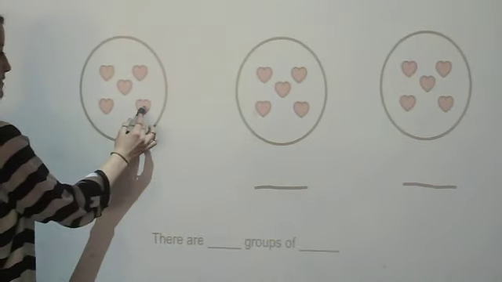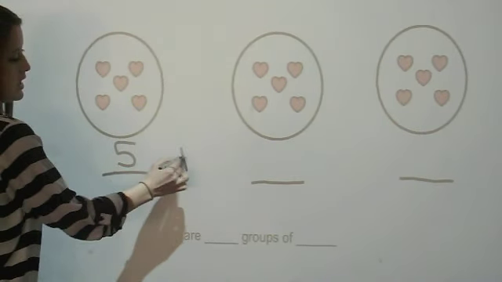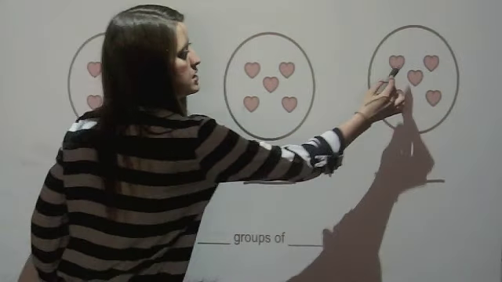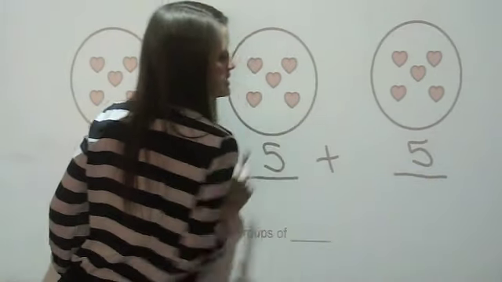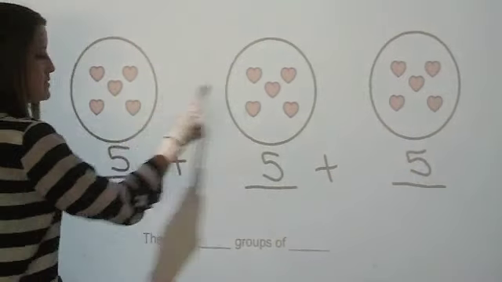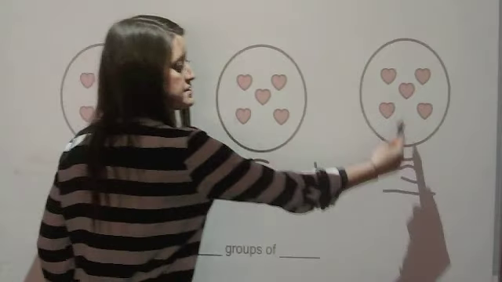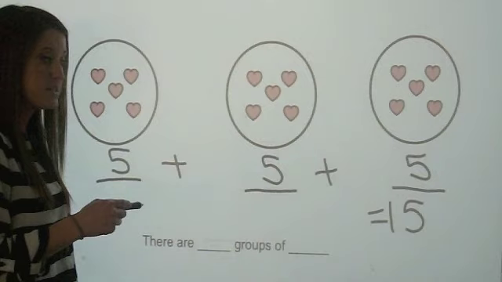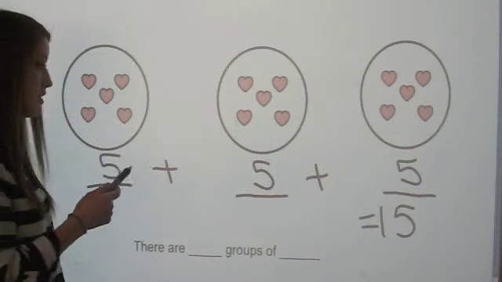1, 2, 3, 4, 5 in this group, plus 1, 2, 3, 4, 5 in this group, plus 1, 2, 3, 4, 5 hearts in that group. Let's use our repeated addition to add these up. 5 plus 5 is 10. 10 plus 5 is 15. And again, like we skip counted on our last one, we can skip count in this one too.